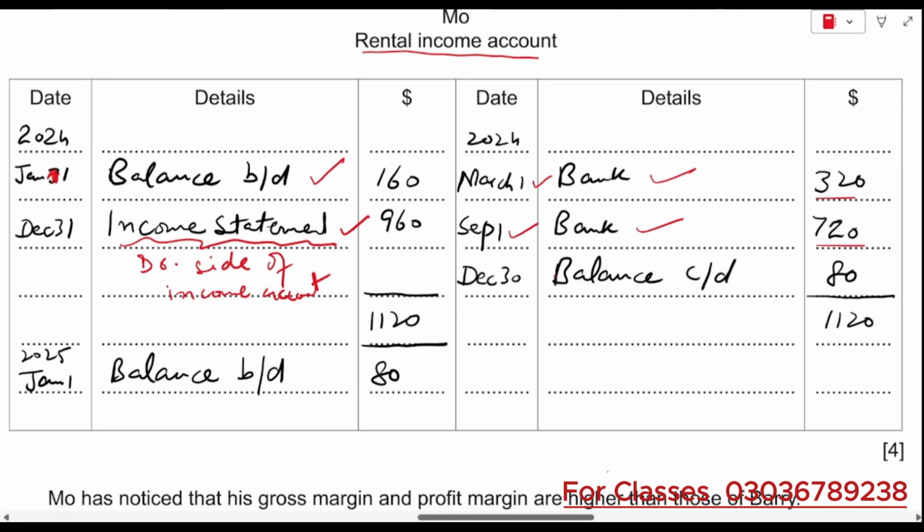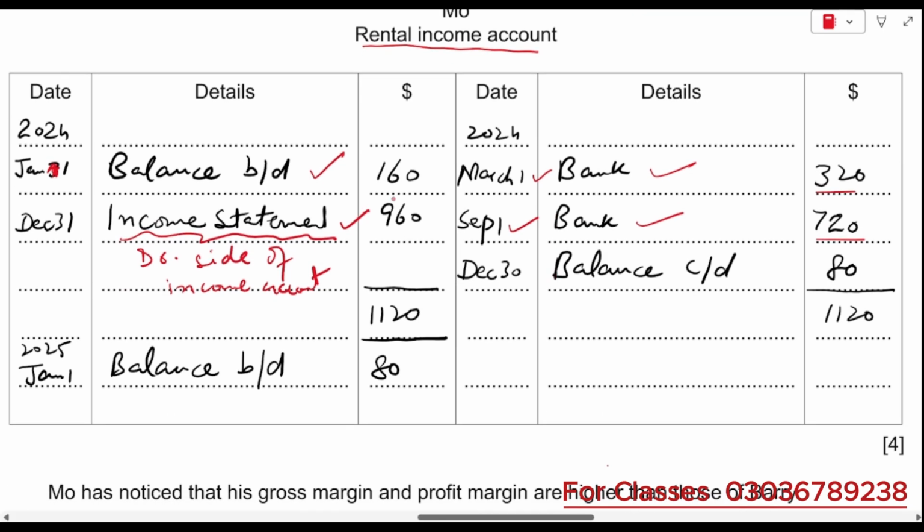This is to remember. After writing 960, now we balance off this account. Here we have two amounts on the debit side and two on the credit side: 160 and 960 here, 320 and 720 here. We can see the debit side is larger, so we will take their total and add these two, and it comes to 1120. 1120 will be written on both sides, on debit side and on credit side.